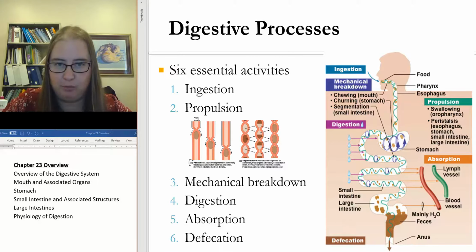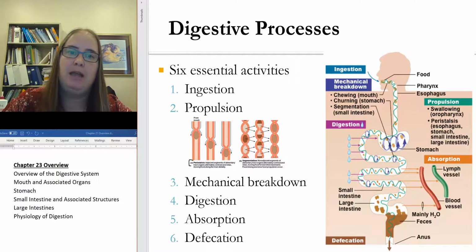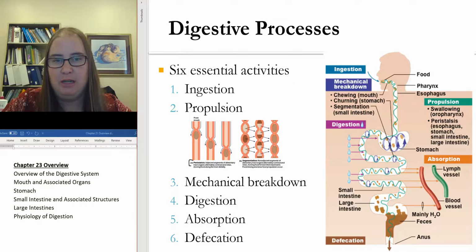Another type of propulsion is a mixing propulsion, called segmentation. This typically occurs in the small intestines, where we need mixing to occur. It creates various pockets that are pinched off by the intestinal smooth muscle, and then it pinches off at other locations.